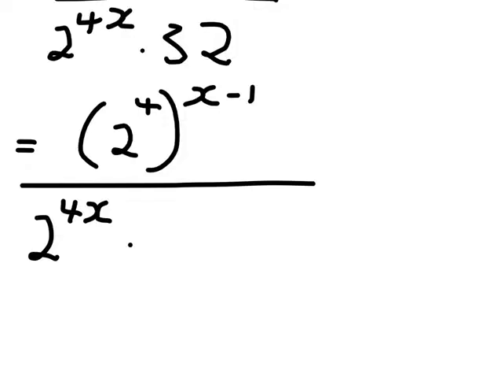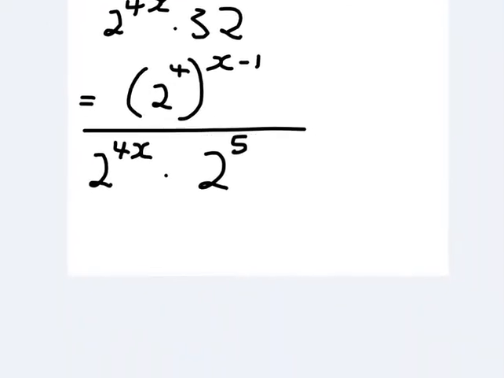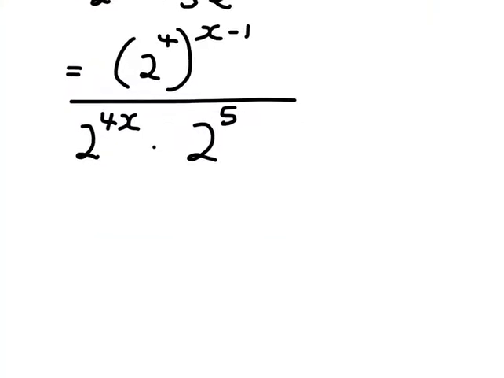I think 32 can be written as 2 to the exponent of 5. You can just check it, but if I remember, this is what 32 is. So now can you see, you have each expression in its smallest base.